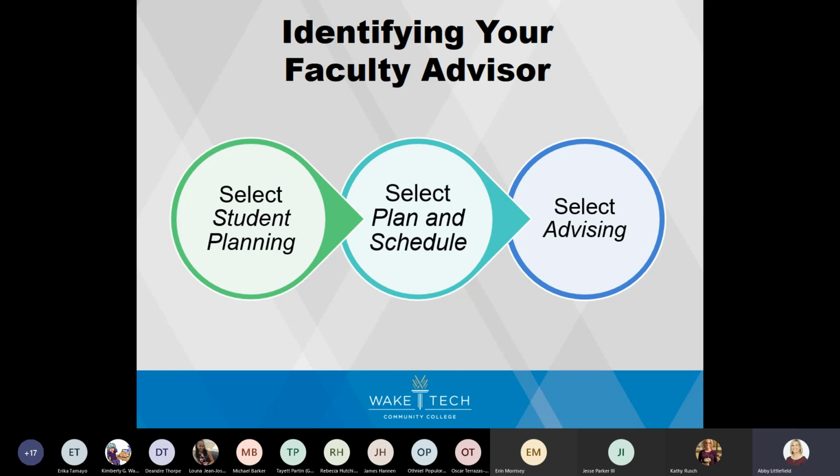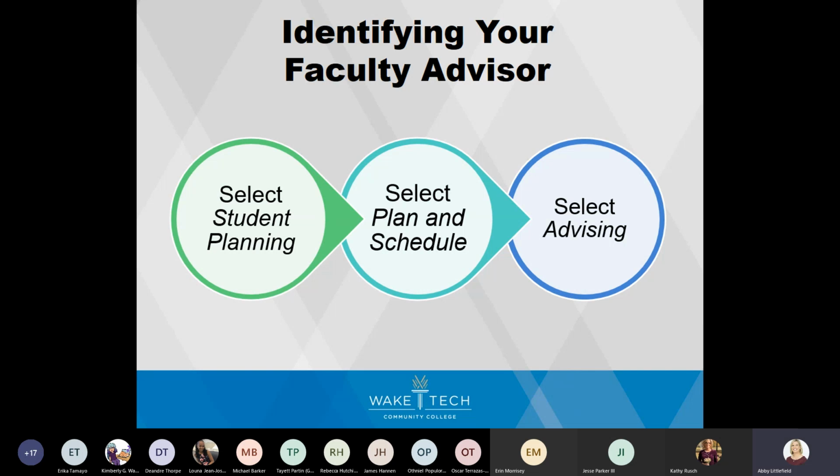So again, if you're still in self-service, in student planning, in plan and schedule, you should see an advising tab. I think it says course plan, timeline, advising, like they're three tabs next to each other. And under that advising tab, you should be able to see who your faculty advisor is.